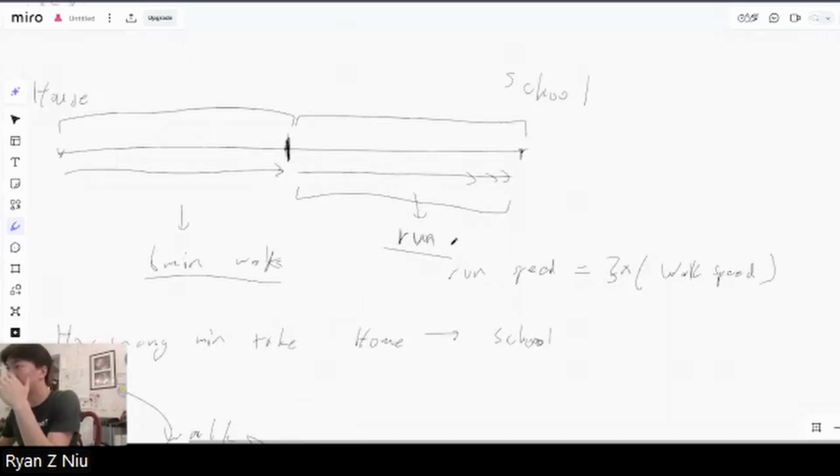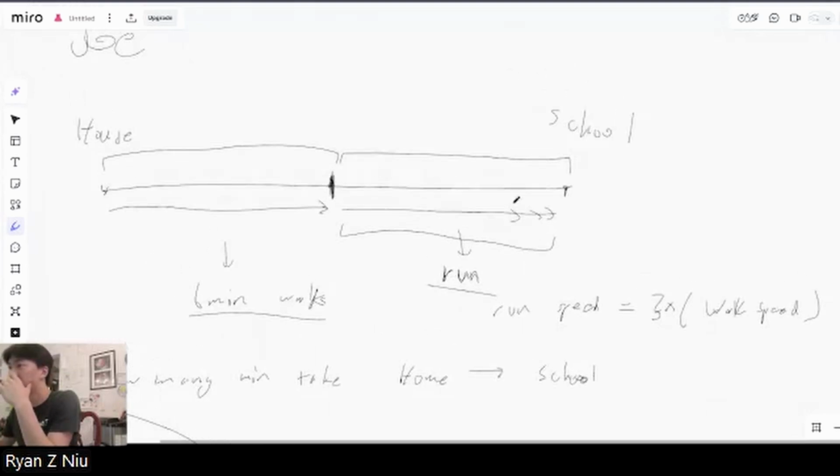I guess that was a little unclear, but first half he's walking, and the second half he's running. I tried to indicate that with these three arrows instead. That won't be a problem on the test since I'm transcribing. I'm not writing word for word, I'm drawing pictures to explain the problem instead. So yeah, I think you guys will be fine on that.